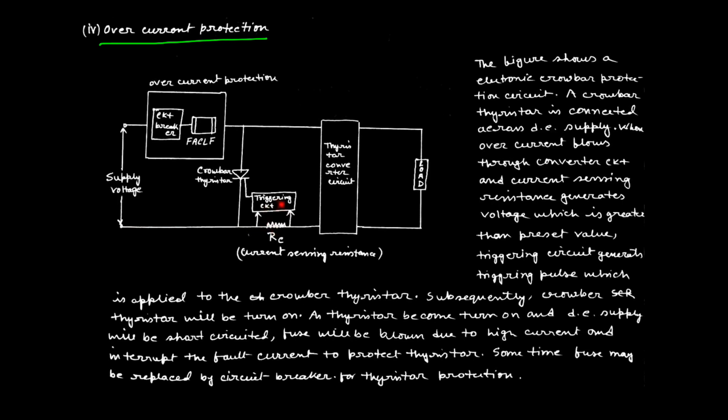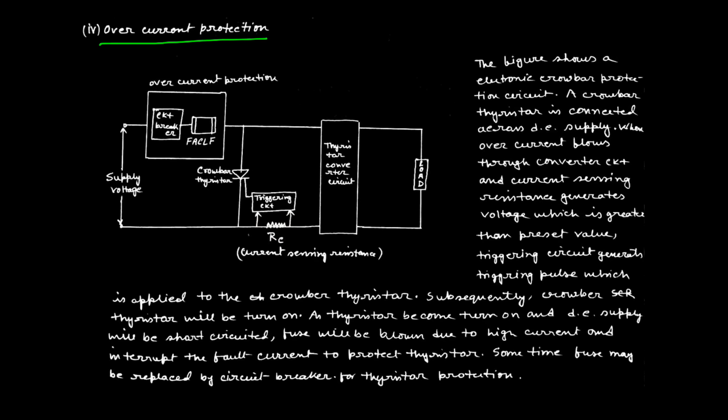So the property of the current sensing resistance: when the fault current starts flowing through the circuit, it can provide some amount of voltage. This current sensing resistance, which stands for RC, is specified for a specific value of voltage and current.